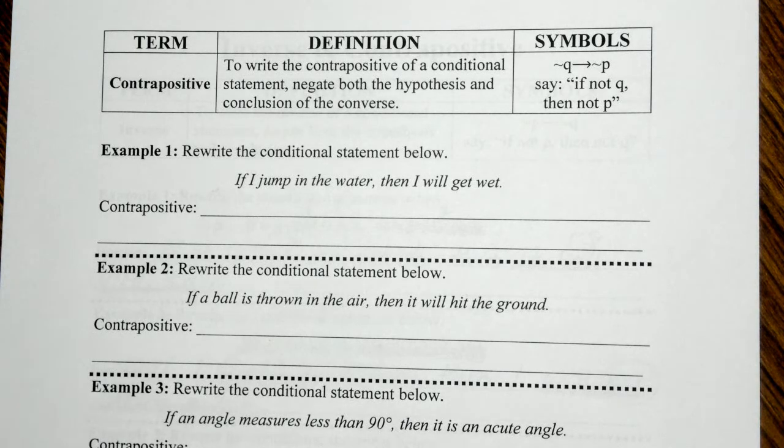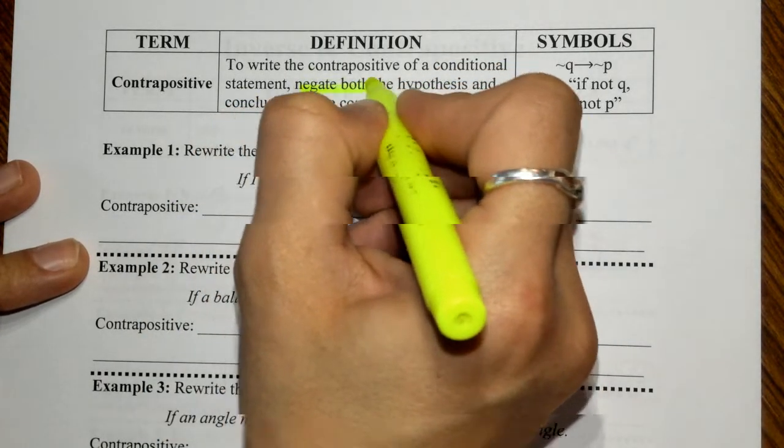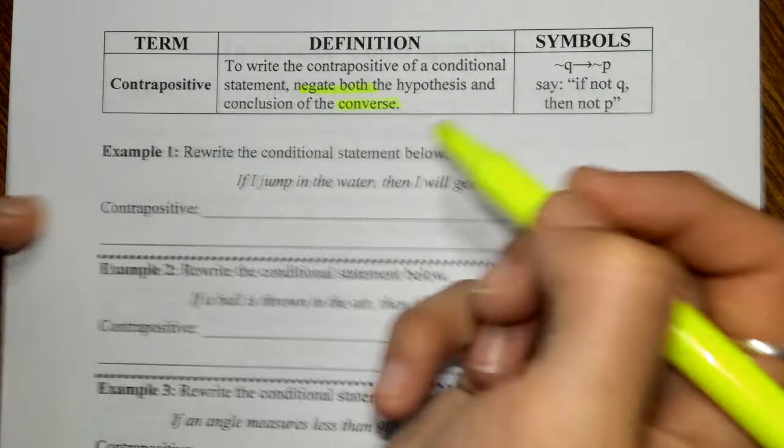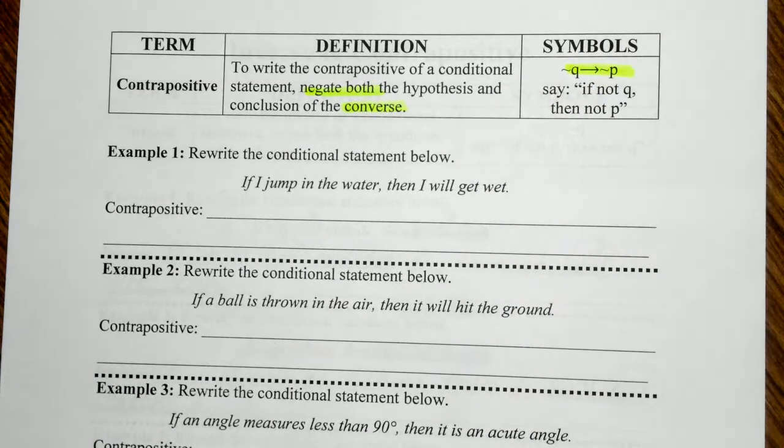You have to do both. So you see up here, your contrapositive, okay? You're going to negate both. Or you can just look at it as the converse. Take the converse, switch them, and then negate both of them. That's what this is saying. Bottom line is you have to switch your hypothesis and conclusion, and you have to change it to the opposite.